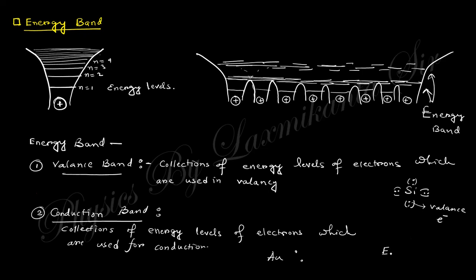The electrons which are conducting are more energetic than the valence electrons, because valence electrons are bound and stable compared to the conduction electrons. That's why the energy level of the conduction band is higher than that of the valence band.